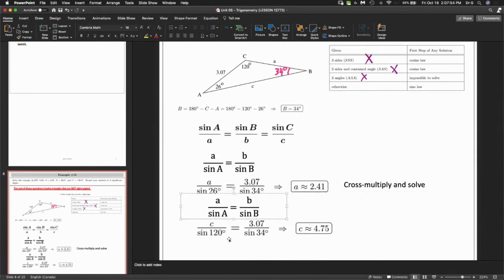And a little more cut and paste here. So you can kind of get the feel for how this would work out for other questions. So it's a matter of you just identifying whether it's sine law or cosine law and working with that.